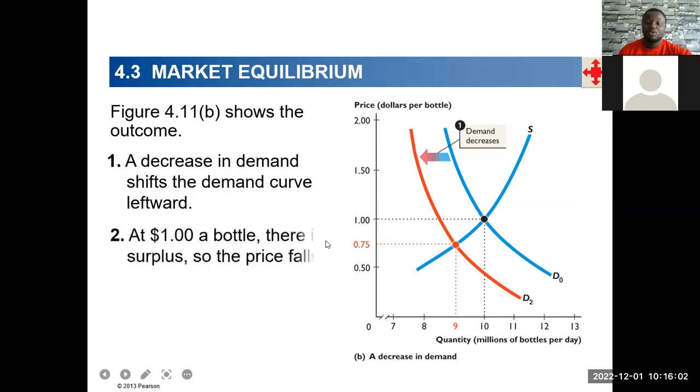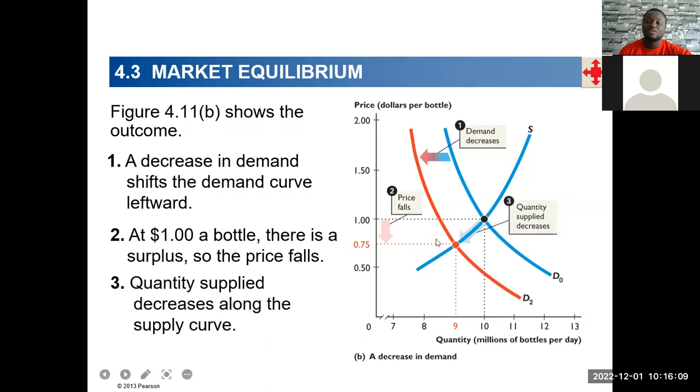Okay. So when price falls, what will happen to quantity supplied? Quantity supplied will also fall. We have a decrease in quantity supplied. So this will be the new equilibrium, where the new demand curve meets the initial supply curve. So price falls, and then quantity also falls. Are we together? Yes.